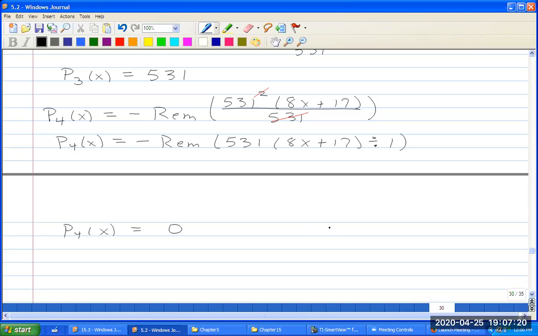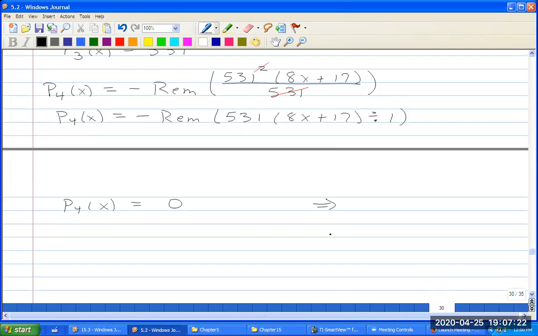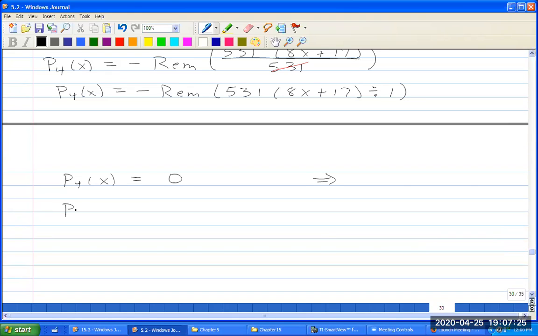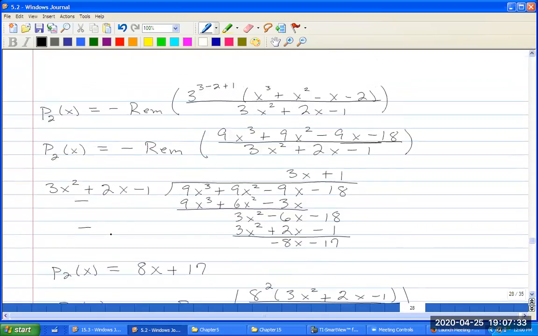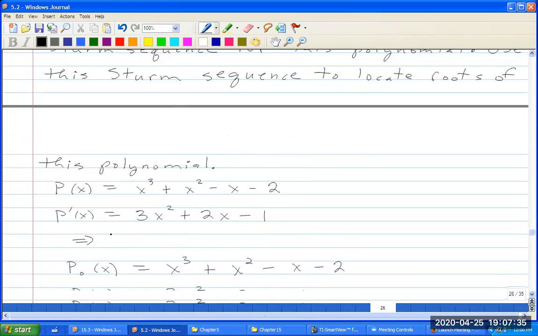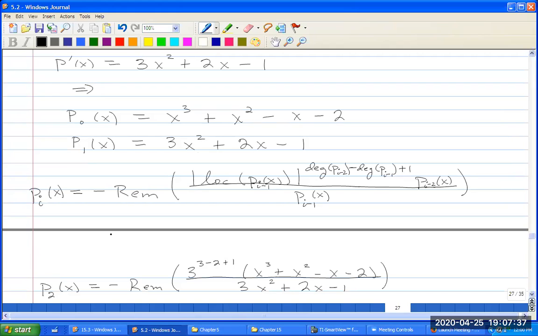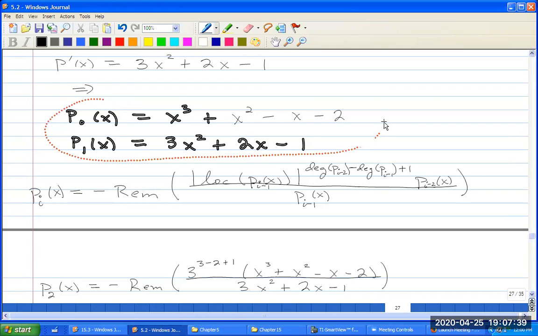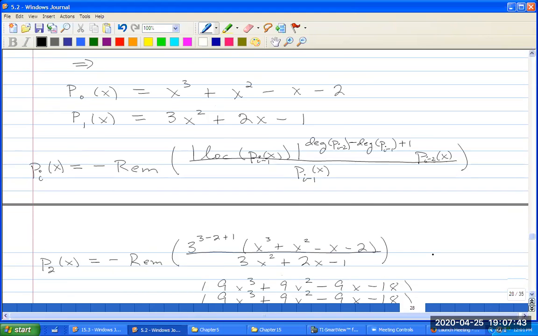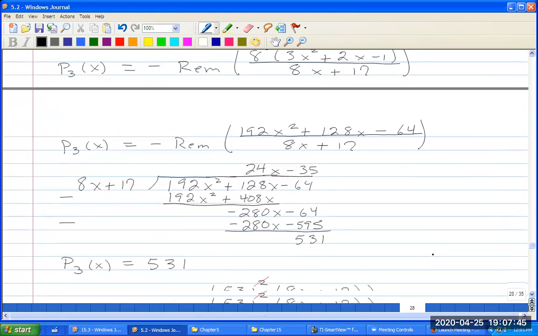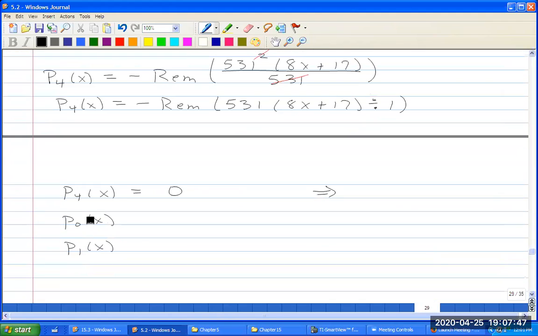Okay, so now I've got to collect these. P sub 0 is the original, and p sub 1, oh here, wait, I just got it. So p sub 0 was this. So here is the sequence.